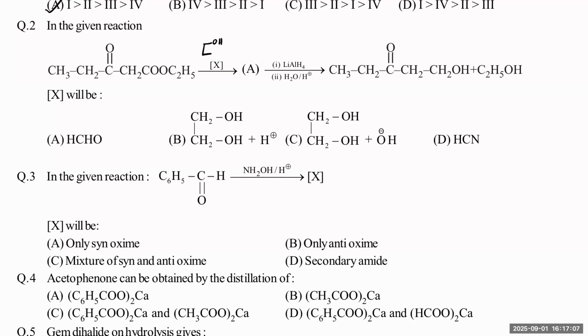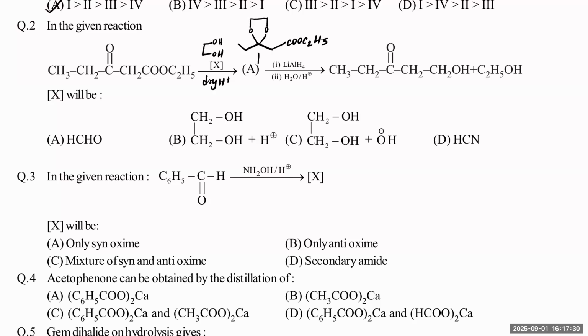So if I take glycol in dry H plus, then you will get the compound A like this, with COOC2H5, and here this double bond will convert into this cyclic acetal form.